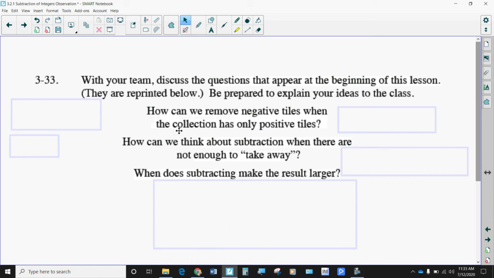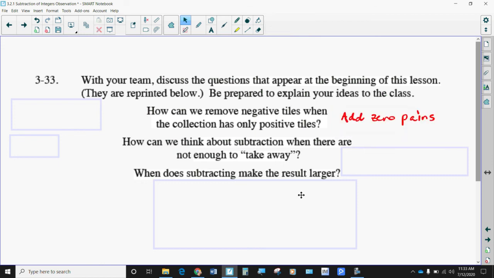Okay, these 3 original questions that we had at the beginning. How can we remove negative tiles when the collection has only positive tiles? Well, have you given that much thought? What did we do when we had a collection of tiles, but we were trying to remove some that weren't already there? What did we have to add?